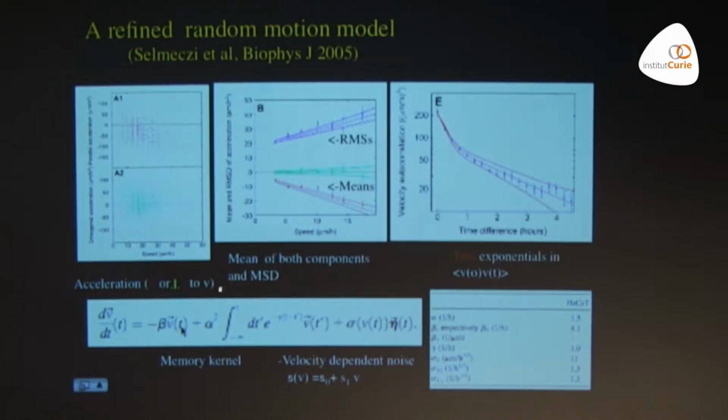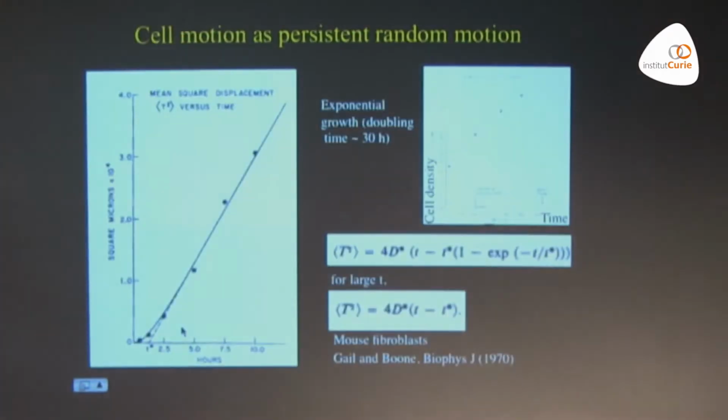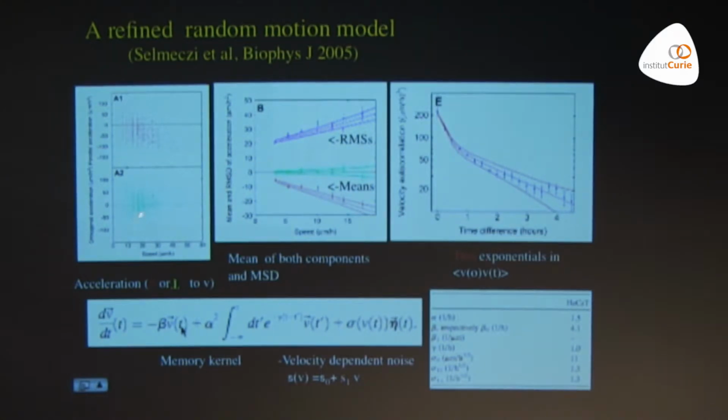For example, here they look at the speed v. With the previous description, if you fix v and measure the acceleration, you expect it to be Gaussian distributed, with mean minus alpha v, around which it is Gaussian distributed. So they looked at that: this is speed, and then you look at the acceleration both in the transverse direction and in the parallel direction.